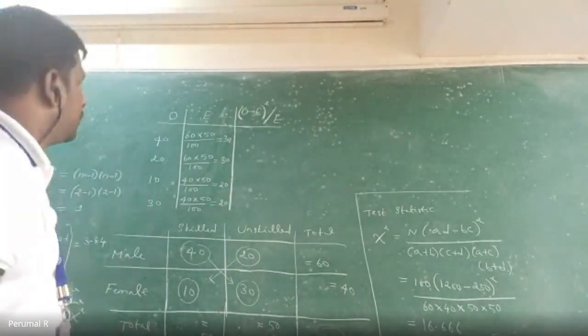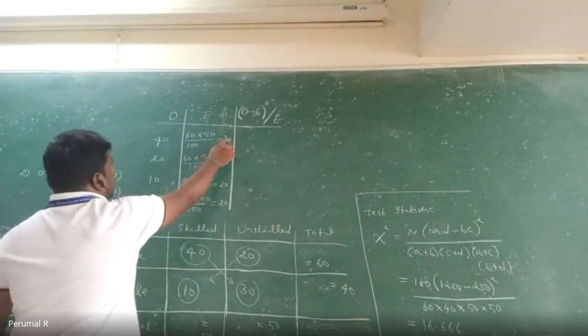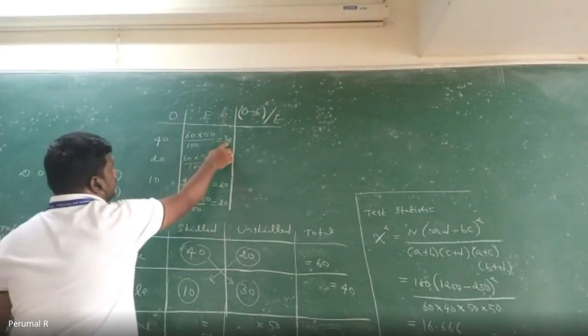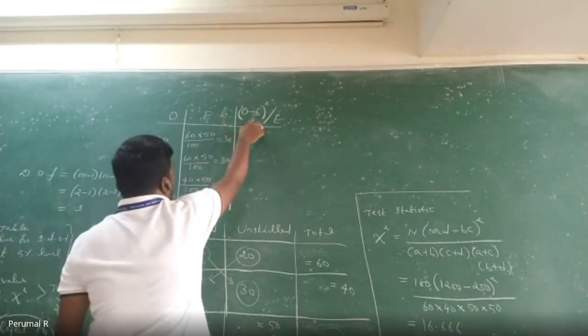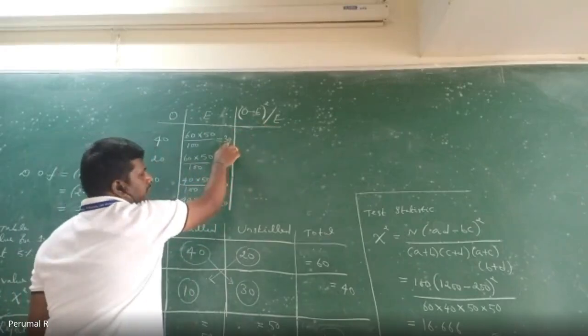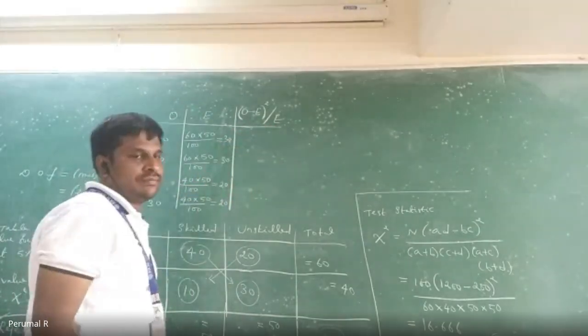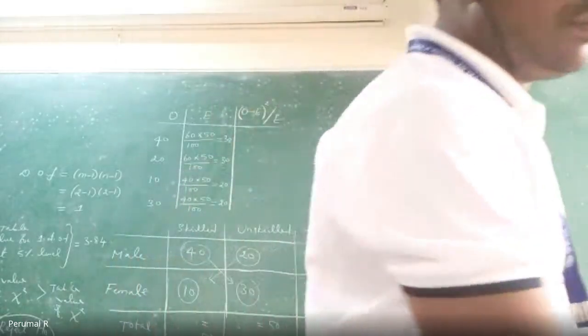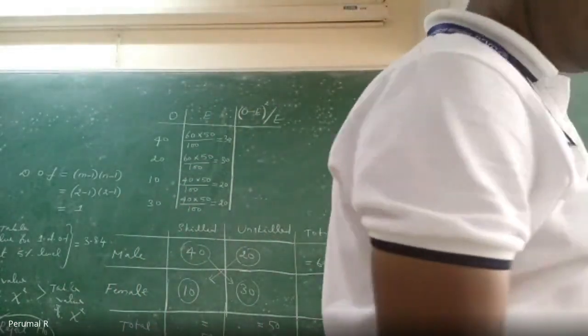Now compute observed frequency minus expected frequency: 40 minus 30 is 10, squared is 100, divided by 30.